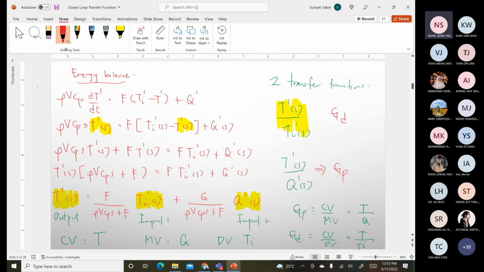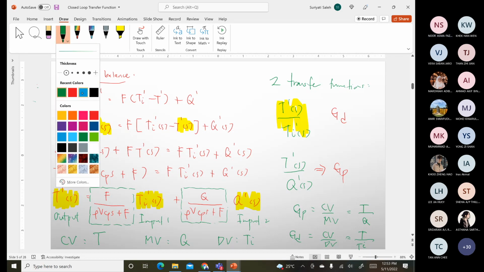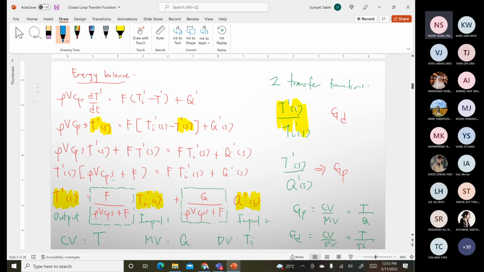Here, this one belongs to the following transfer function. This is the transfer function for T over Ti prime, and this is the transfer function for T over Q. You can see that this represents the positive. This one is also positive.